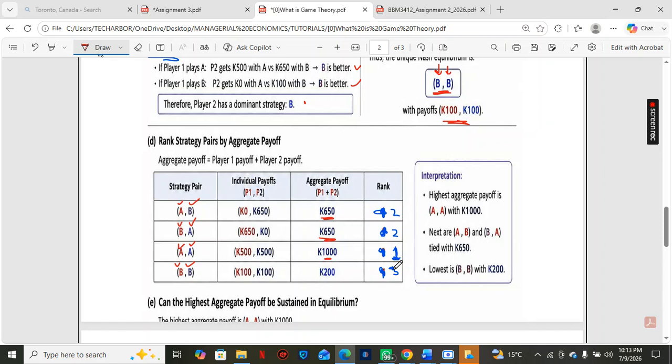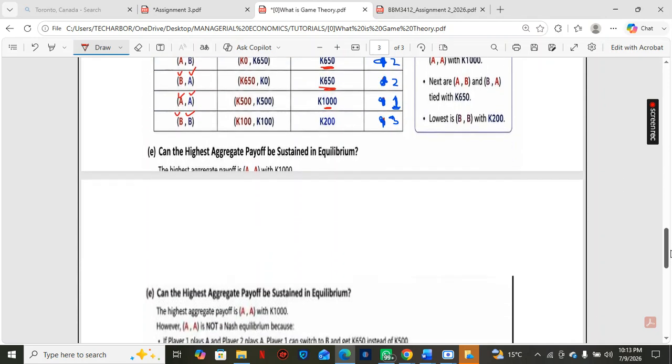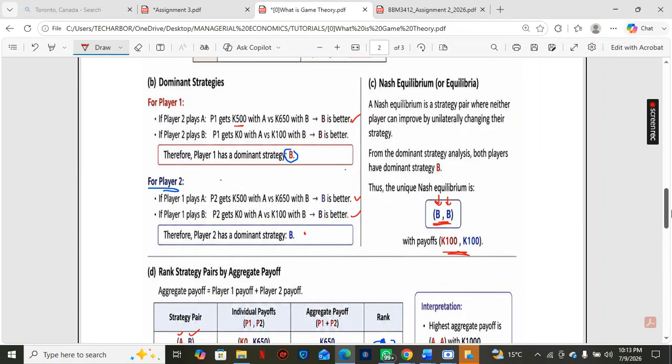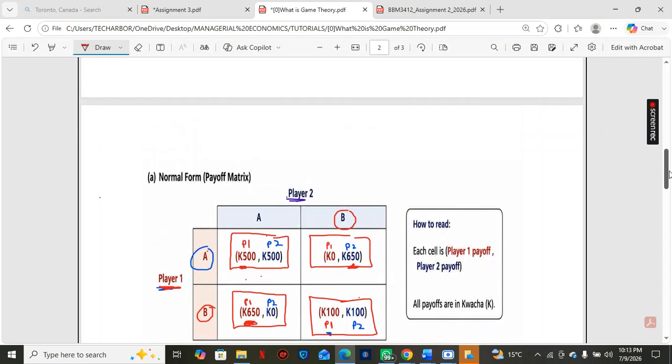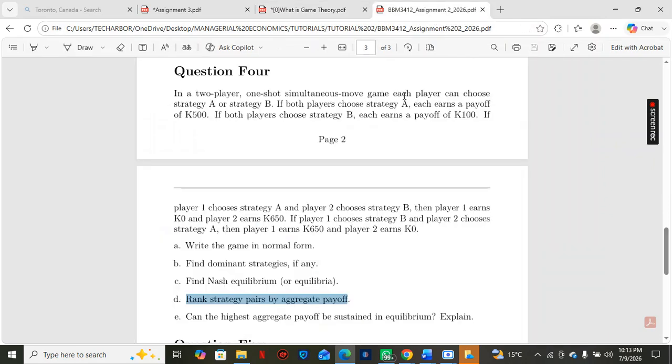Any questions? Can the highest aggregate payoff be sustained in equilibrium?